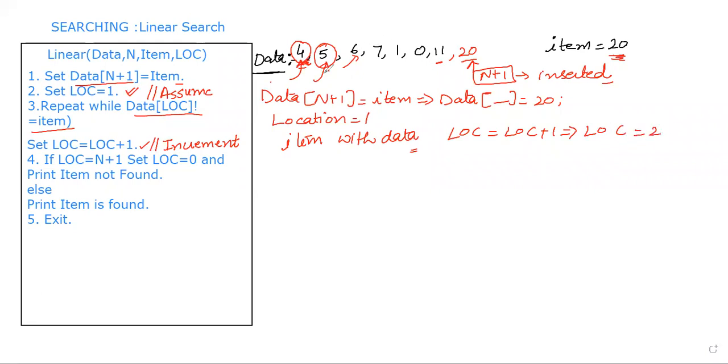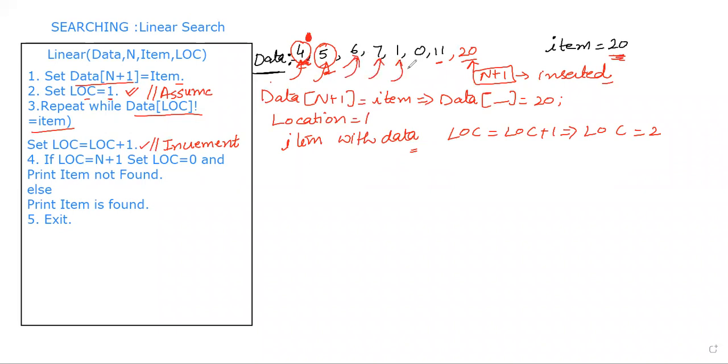Now there are two things that you can follow. Either you can set the location equal to 0 when you are assuming that the array index starts from 0. But if you are assuming that the array index starts from 1, in that case, you can set location equal to 1.